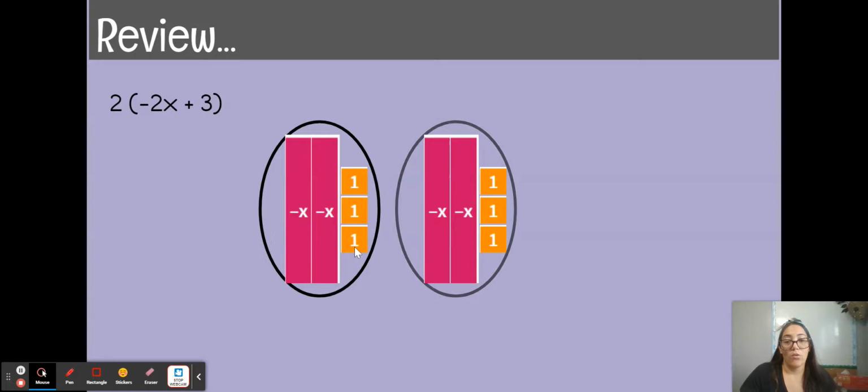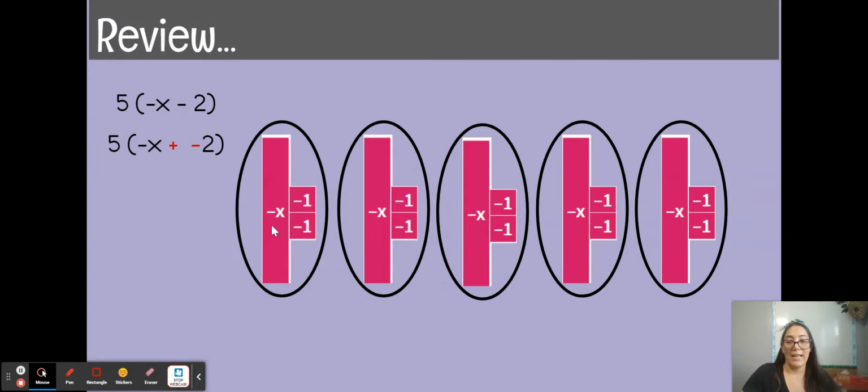Again, I'm going to gather those like terms. I have 4 negative x's and 3 positive 1's. And last, 5 sets of the quantity of negative x minus 2 is the same thing as having 5 negative x's and 10 negative ones.